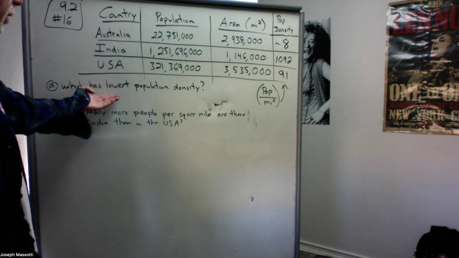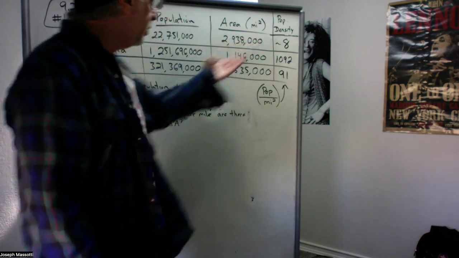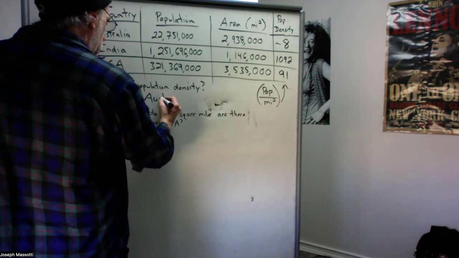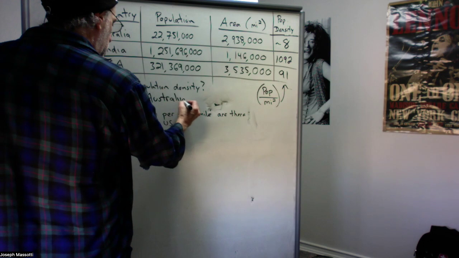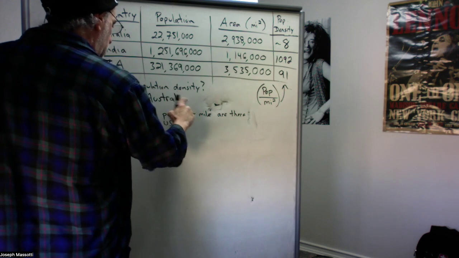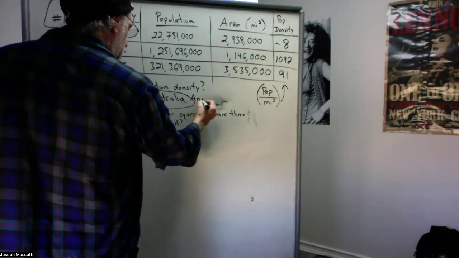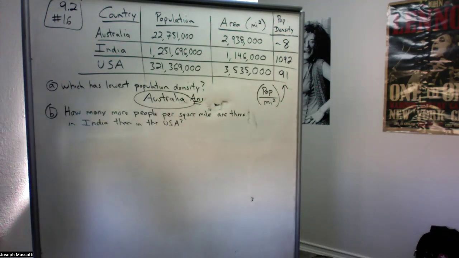So which has the lowest population density? Very clearly, the answer to that is Australia. Australia, if I could spell, is the answer. And how many more people per square mile are there in India than in the US?